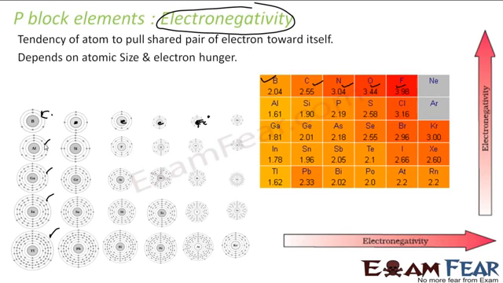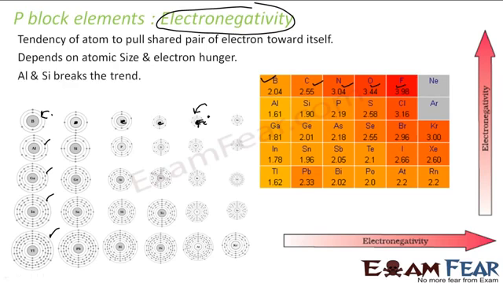You see, it depends on the atomic size and electron hunger, right? Two things. See, fluorine is even more electronegative because fluorine wants one more electron to become more stable. So it's all the electron hunger and the capacity to attract electrons. That depends on the size of the atom and the positive charge in the nucleus.